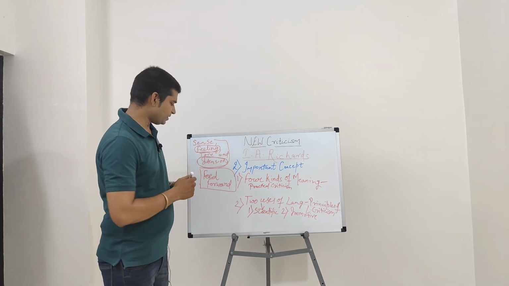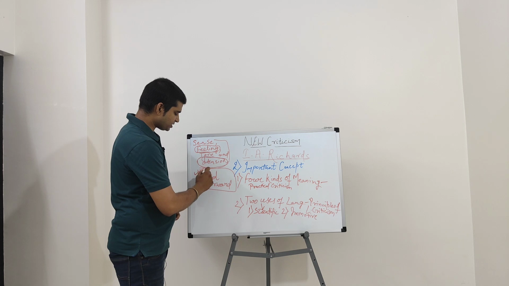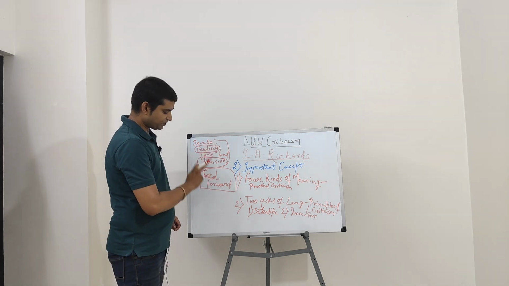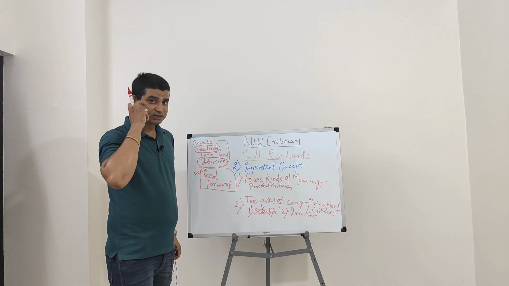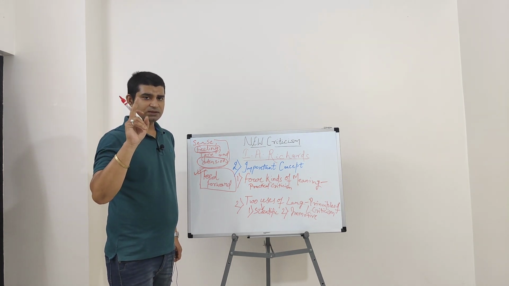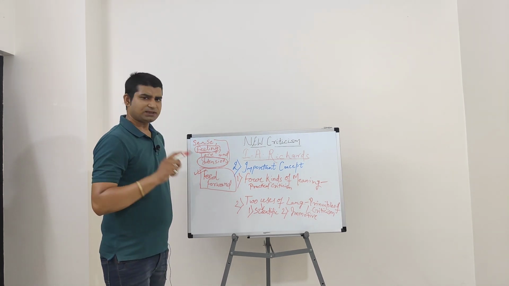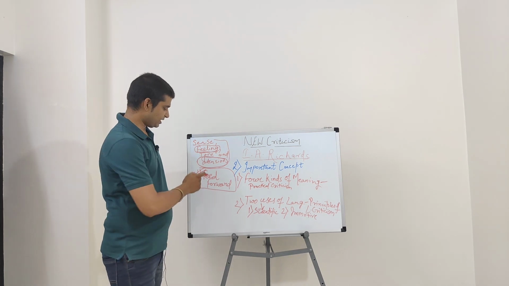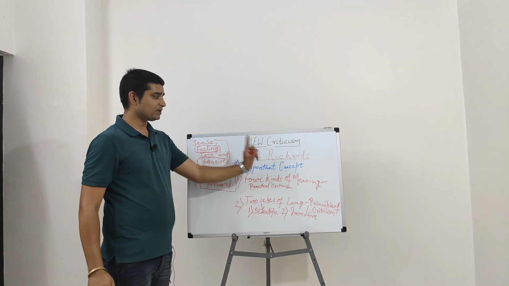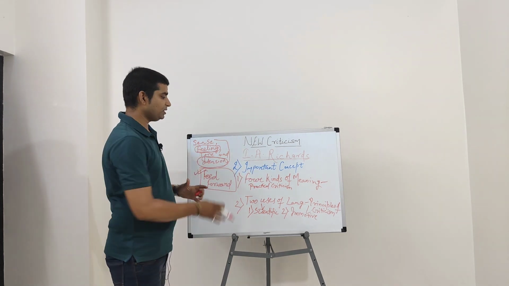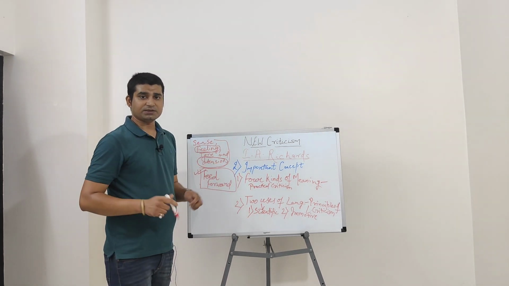So you should remember that feed forward is a concept which was given by I.A. Richards. It was once asked in a SET examination. I think in the Karnataka SET examination they asked that feed forward was a concept which was given by whom. So you should remember that it was I.A. Richards. So these were the important concepts by I.A. Richards.